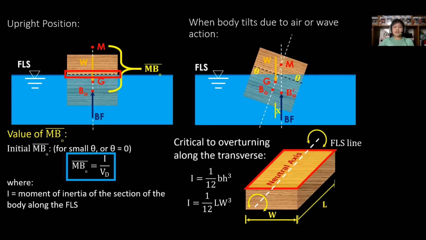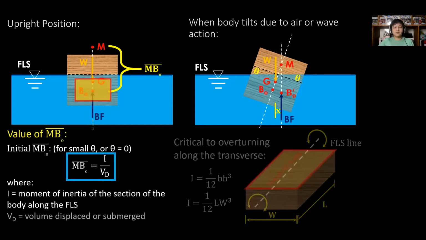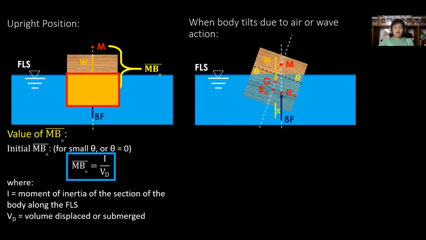So that is the length L, times the side that is perpendicular to the neutral axis, which is the width W. Then this be raised to 3. And for V sub D, it is the volume displaced or submerged.